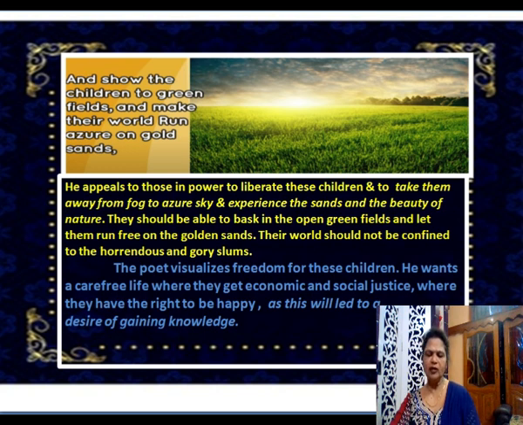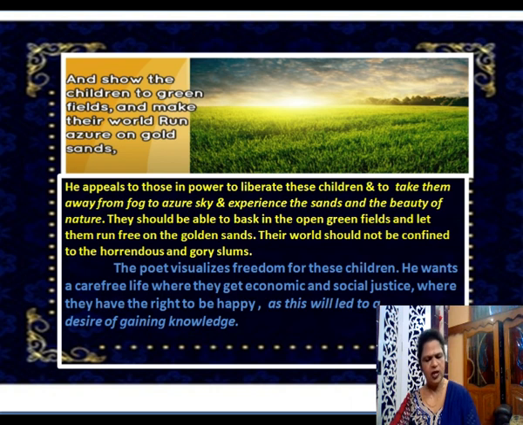They must be taken to the azure sky and they must be allowed to experience the scent and the beauty of nature. They should be able to bask in the open green fields and let them run free on the golden sands. Their world should not be confined to the horrendous and gory slums.